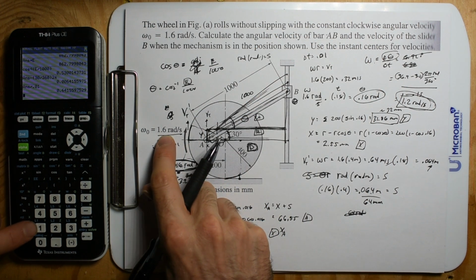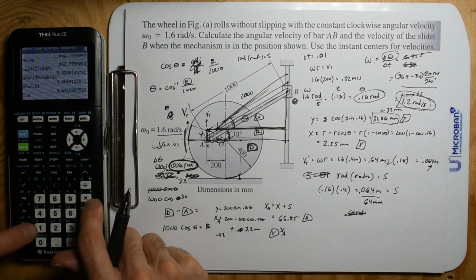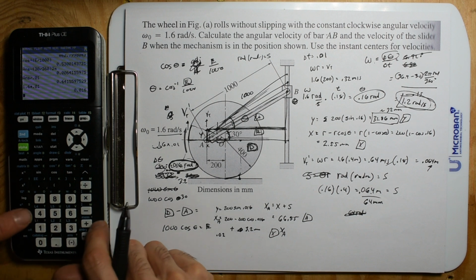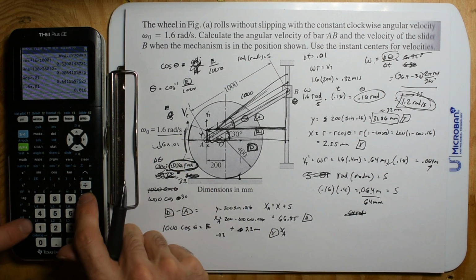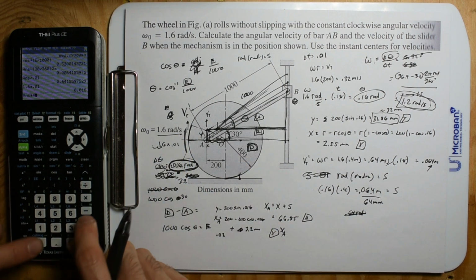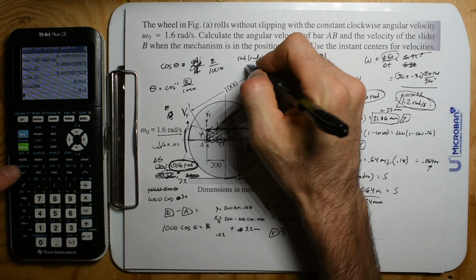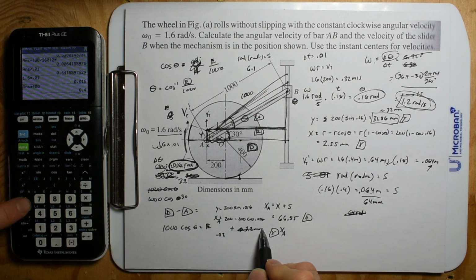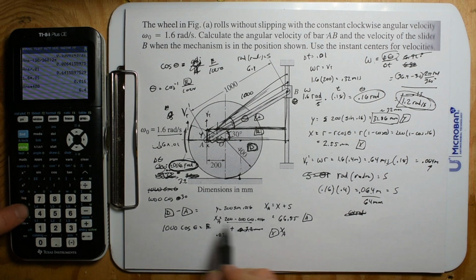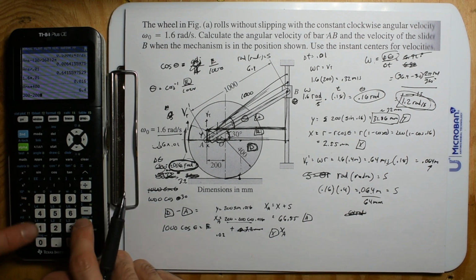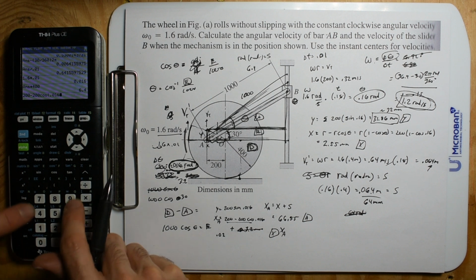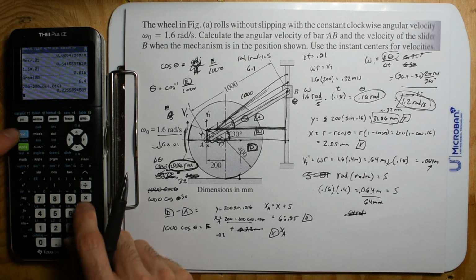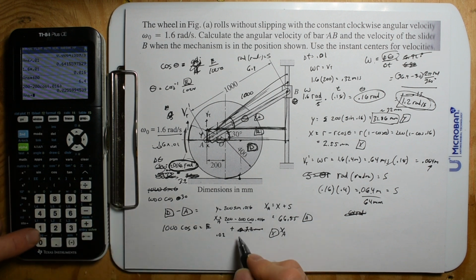Okay, and then we know how many radians we have by 1.6 times time, 0.01. So we have this many radians times our radius, but that's going to be 400. So yeah, our arc length is 6.4, not 3.2. So we have to go back to this value, 200 minus 200 cosine of 0.016, and then add 6.4.